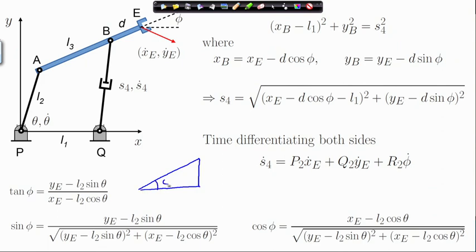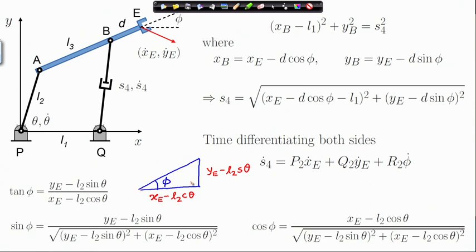Suppose this angle is phi, then tan phi is this ratio. So, if I say that this is ye minus L2 sin theta and this base of the triangle is xe minus L2 cosine theta, then you can very easily see that tangent phi is this ratio.